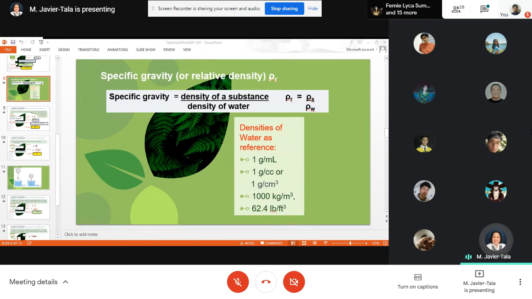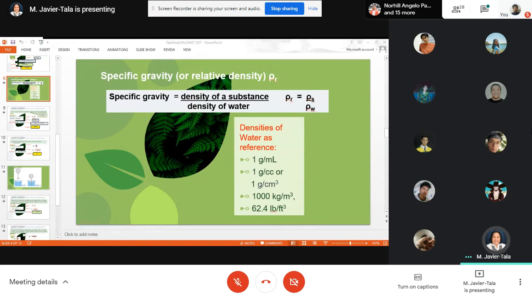But if your sample is gas, your reference is hydrogen or air. For us in chemistry, we will use water as the reference. The formula for specific gravity or relative density, symbolized by rho r, is rho r equals rho s, the density of your substance, divided by rho w, the density of water.